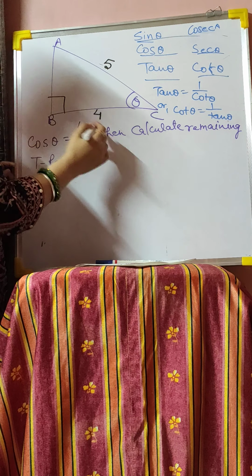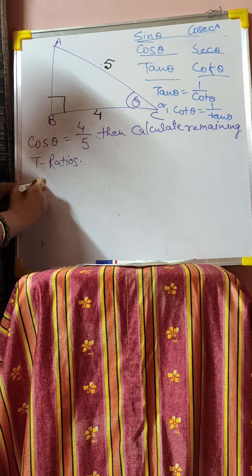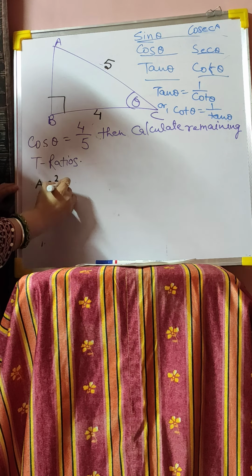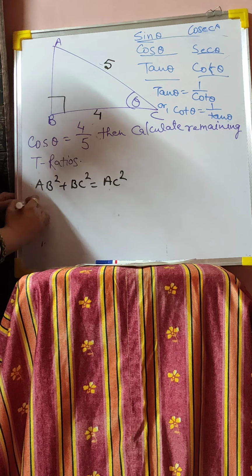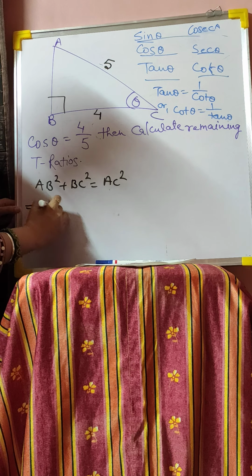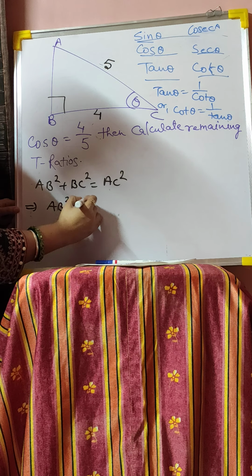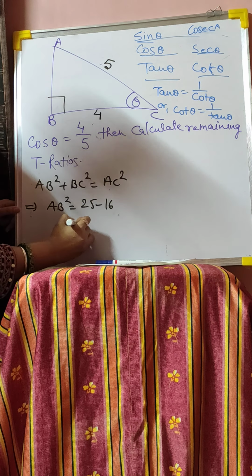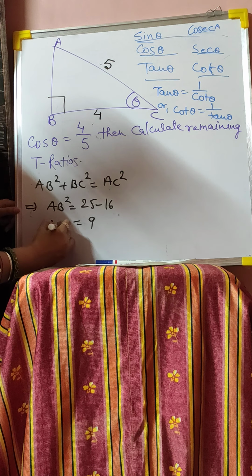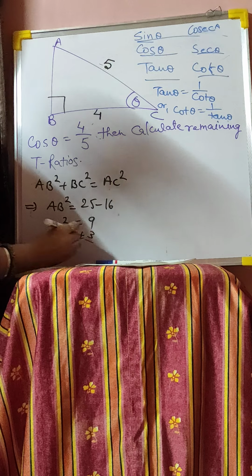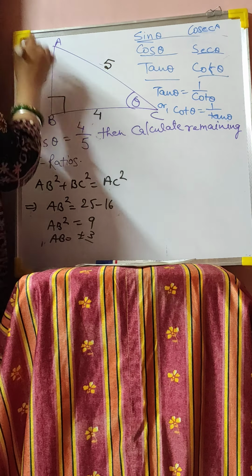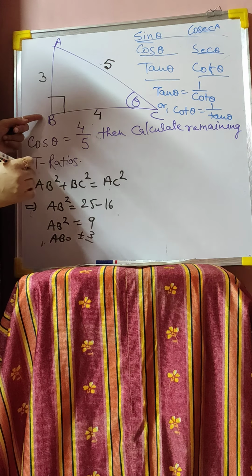So by Pythagoras theorem, AB square plus BC square equal to AC square. This is very simple calculation. So you can find that AB square is equal to 25 minus 16, which is 9. Then AB is equal to plus minus 3. But we will take plus. So we know the value of AB.